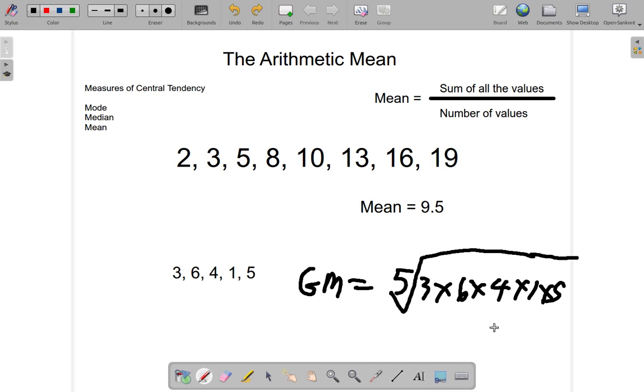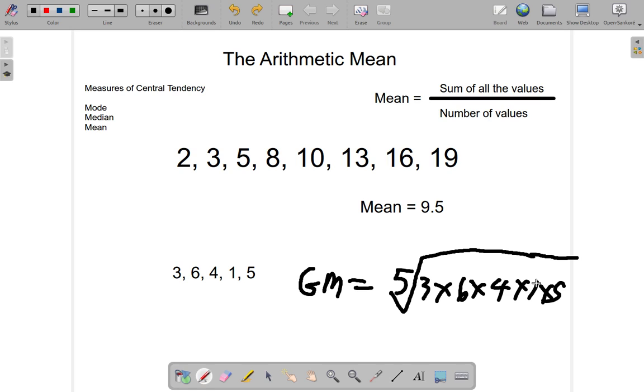Whatever number of values there is, that root of the values multiplied. Arithmetic mean, whatever number of values there is, that number dividing the sum, dividing those numbers added.